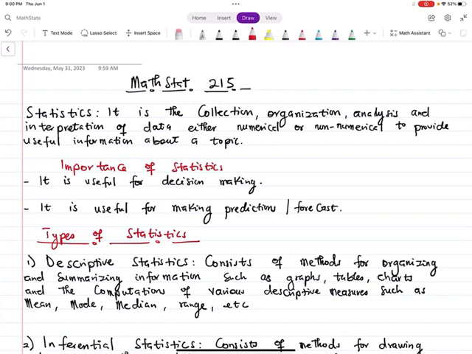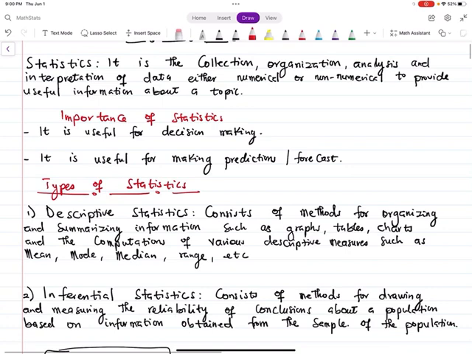Now, there are two types of statistics. We have the descriptive statistics, and then there is also the inferential statistics. The descriptive statistics consists of methods of organizing and summarizing information, such as graphs, tables, and charts, and we could also compute the mean, the mode, the median, and the range.